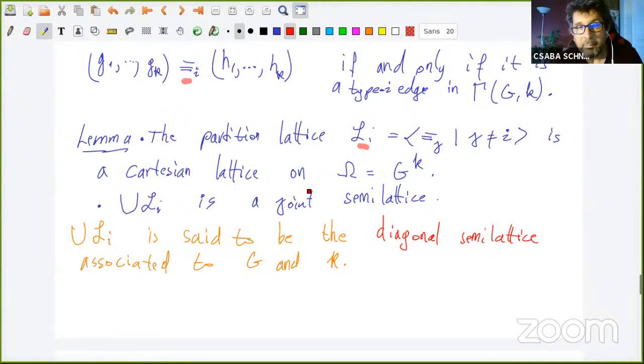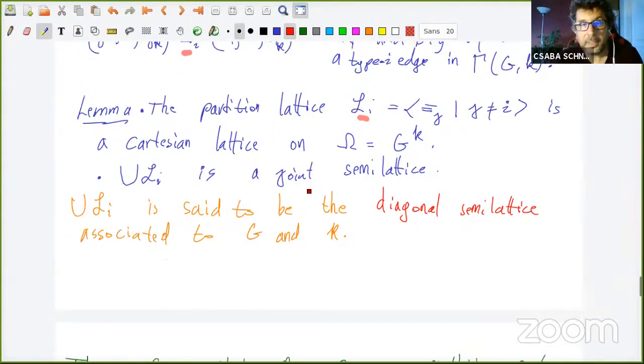What's interesting is that I can take the union of these Cartesian lattices, and it's not going to be a partition lattice because it's not closed under the meet operation, but it's closed under the join operation. So this is what we call a join semilattice. It's not joined, it's join.